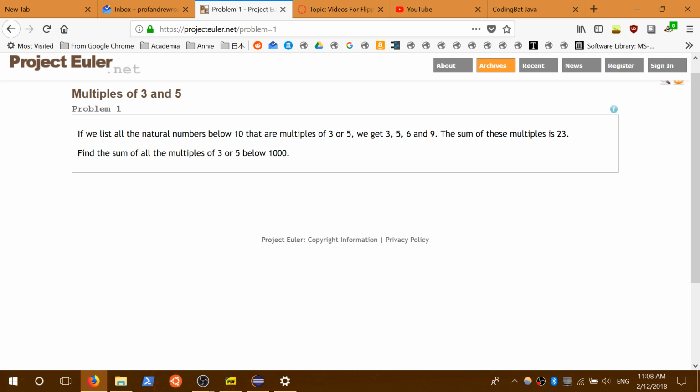So for all the numbers from 1 to 1,000, you've got to check if they're multiples of 3 or 5. And then finally, we need to do what's called a running sum, the idea that we keep a sum to tabulate the total, which is something you probably learned when you were doing the sum of squares problem in the last assignment.